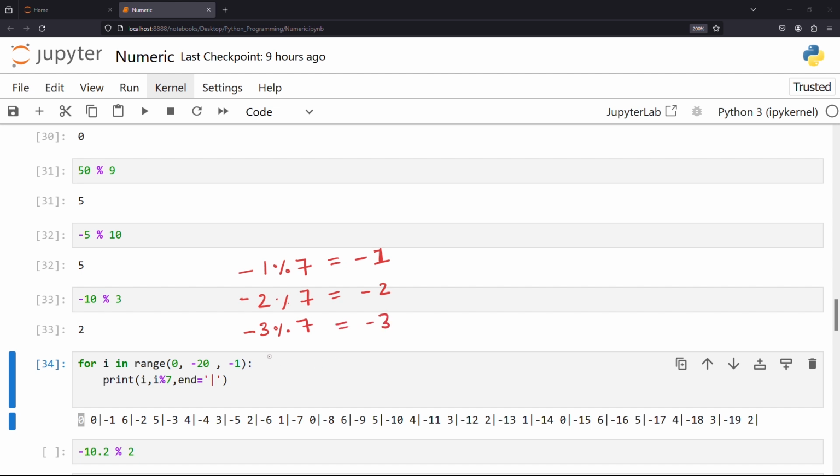Minus 4 mod 7 is minus 4. Similarly, minus 5 mod 7 is minus 5, minus 6 mod 7 is minus 6, and minus 7 mod 7 will be 0.